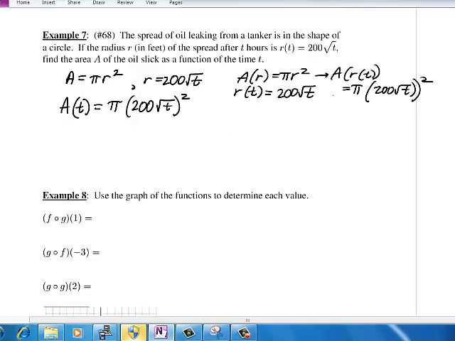Right? So a as a function of t would be 200 square root of t squared times pi. So we'd have 40,000 pi times t for area as a function of t. So we can kind of eliminate the radius. We can just go directly from t to area if we want to.